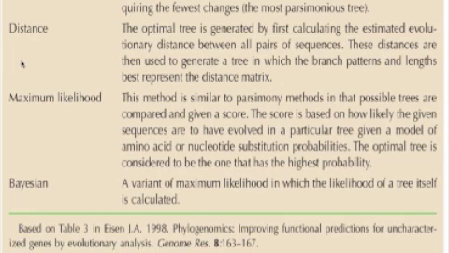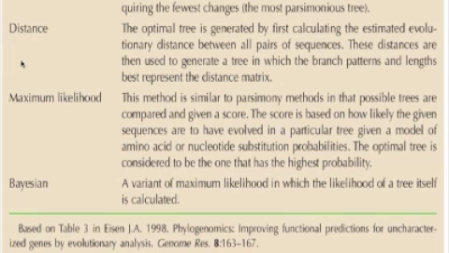Parsimony methods try to count the number of evolutionary events in the history of your data, and they try and minimize the total number of evolutionary events. Likelihood methods apply a statistical model to the data and try and find the tree that has the highest probability of generating the data you observe.